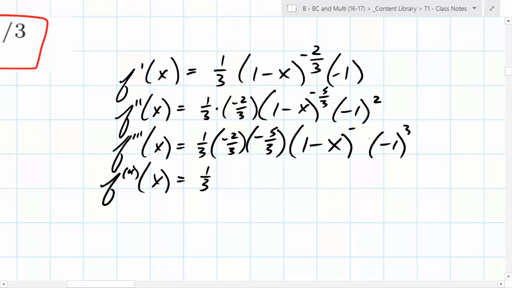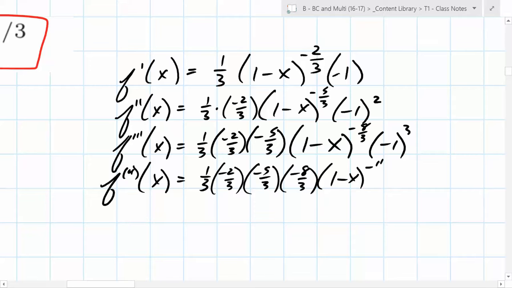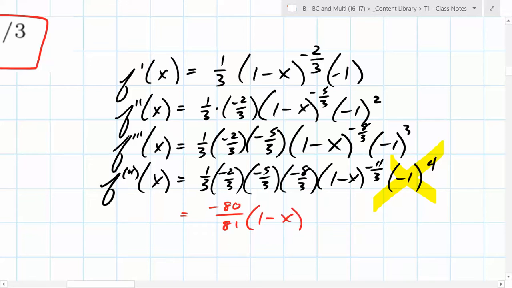It's my fault too. -2/3, -5/3, -8/3, 1 minus x to the -11/3, and -1 to the 4th. That's gone because it's positive, right? And what does this simplify to? I think it's -80 over 81, 1 minus x to that power.